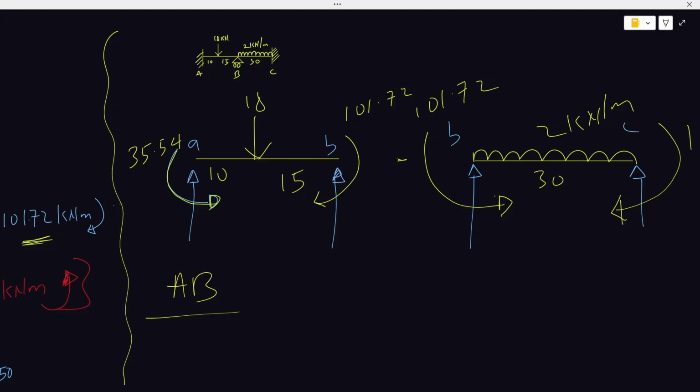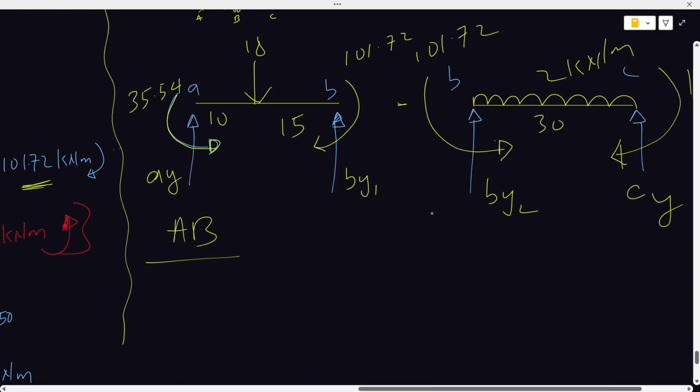The purpose of applying these equilibrium equations to each of these decomposed members is so I can get AY, so that I can get BY1, so that I can get BY2, which will then generate RB, which is my reaction at B. Then I can generate CY.